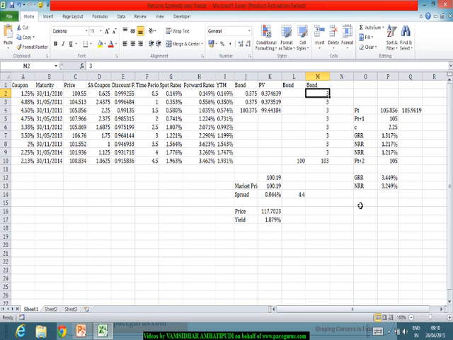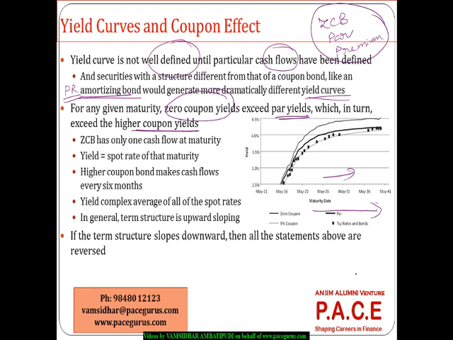Whereas if it is paying a coupon of 12%, I could see that the yield is 1.815%. So as the coupon is increasing, I could see that the yield is actually coming down, provided the term structure is an upward sloping kind of a term structure.